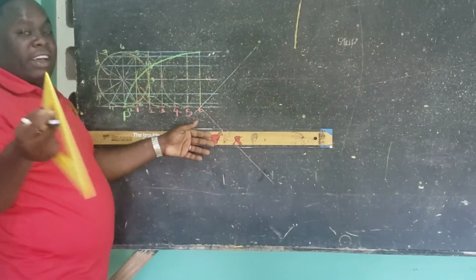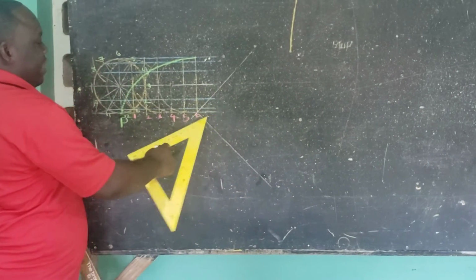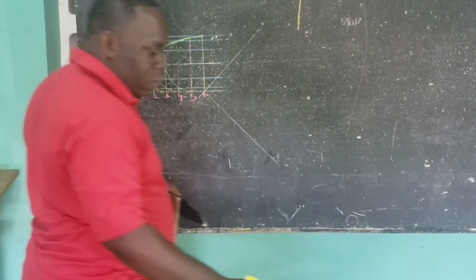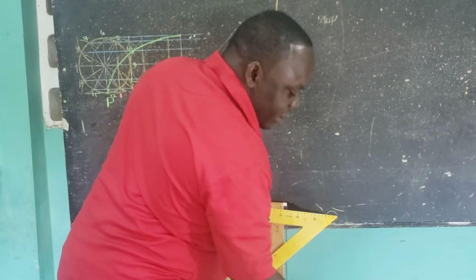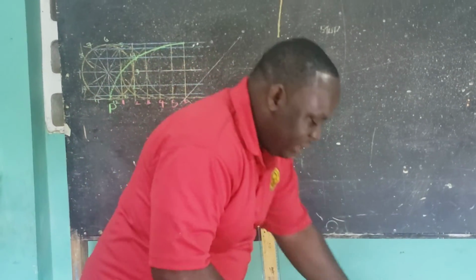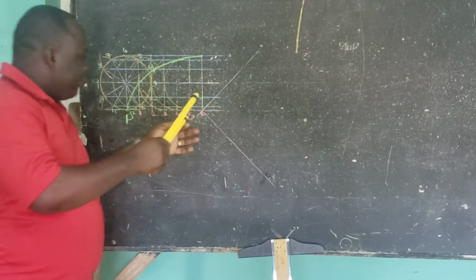So if this is 45 degrees, then if you turn it the other way, you notice that what we get right here is a 90 degree angle. Now, what I'm going to be doing is transposing some of my lines, so to speak. So we're going to be taking across some of our lines.